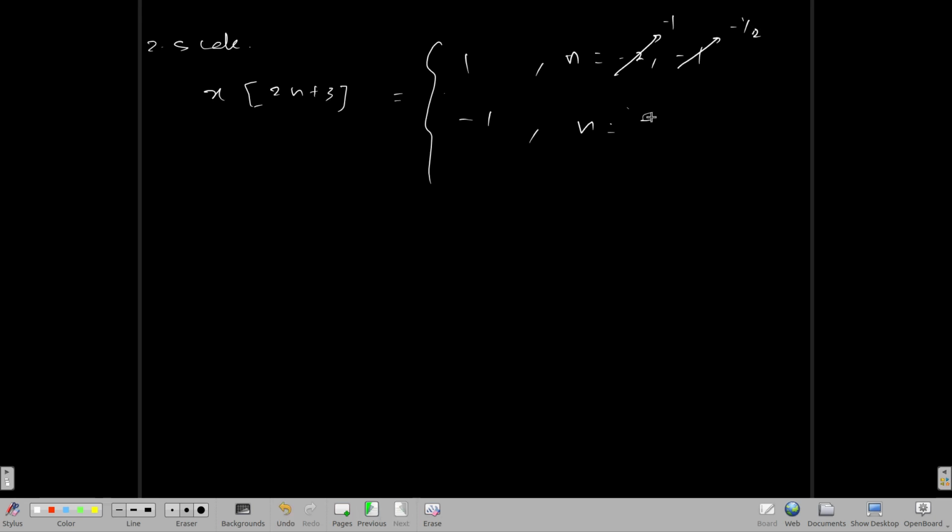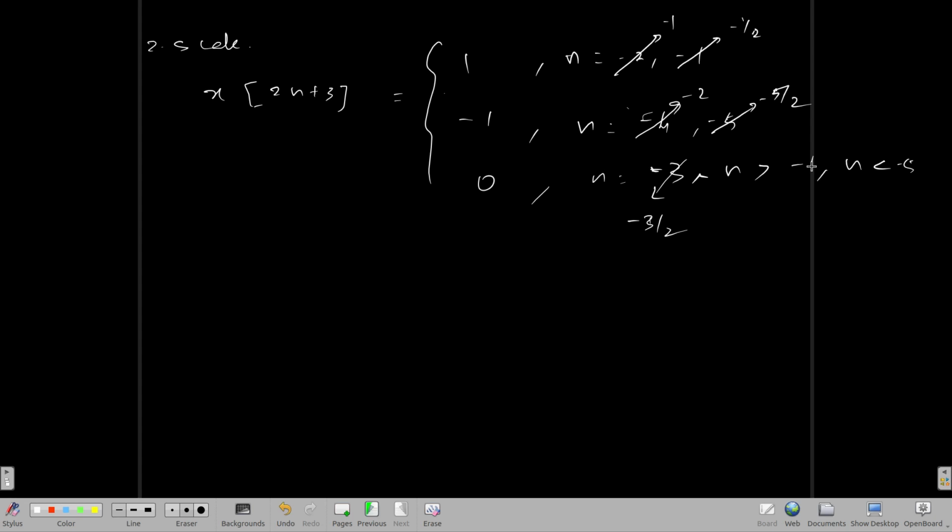So this will become -2 and this will become -5 by 2. And for 0, n equal to -3 and n greater than -1 and less than -5, right? So what will this be? -3 by 2.